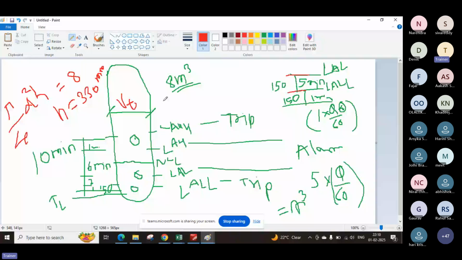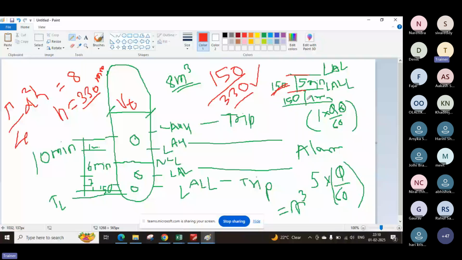But as per guidelines, minimum you have to keep 150. So you have to use the highest among these two, 150, that is the minimum required, and 330 is the height you require so that your alarm and trip have a 5-minute difference. So you will consider 330.